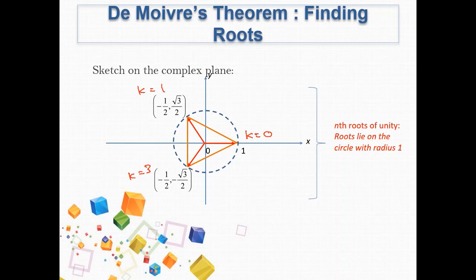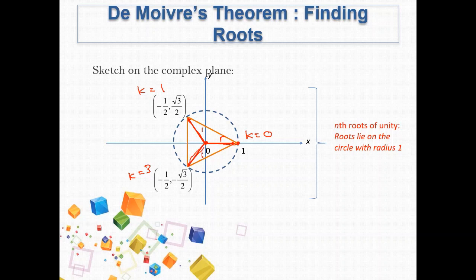Okay, so all these n roots of unity lie on the circle with radius 1. So the radius from the origin to your z is 1. This is also 1. This is also 1. So the radius is 1.